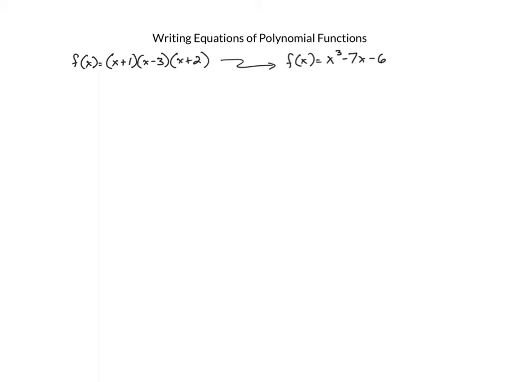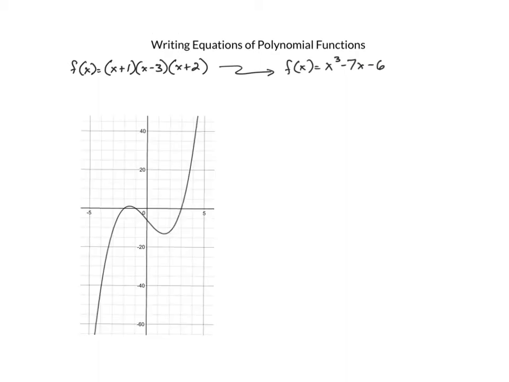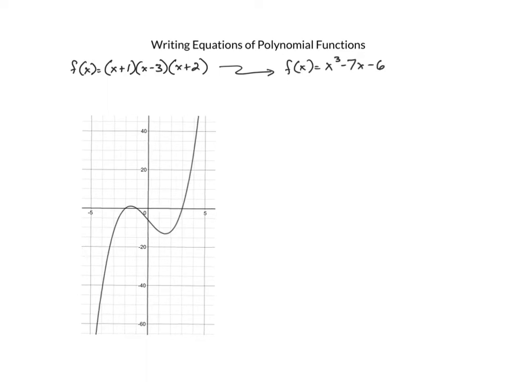Now let's look at the graph of this function. Here it is. Notice the x-intercepts are -2, -1, and 3. And look up here. Those are the numbers that would make each of these factors equal to 0. -1 would make this factor equal to 0, 3 would make this factor equal to 0, and -2 would make this factor equal to 0.